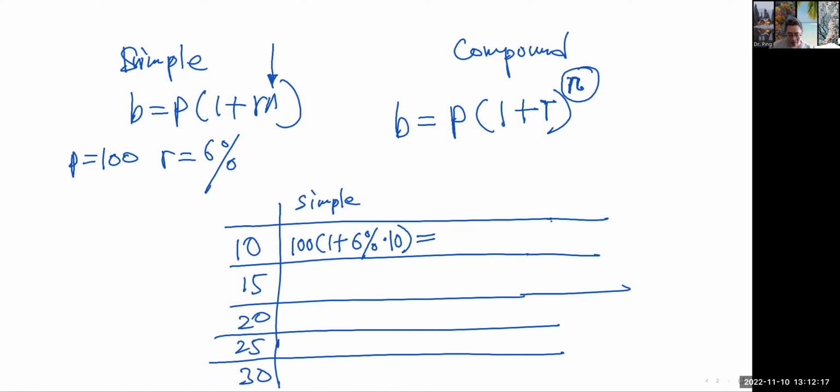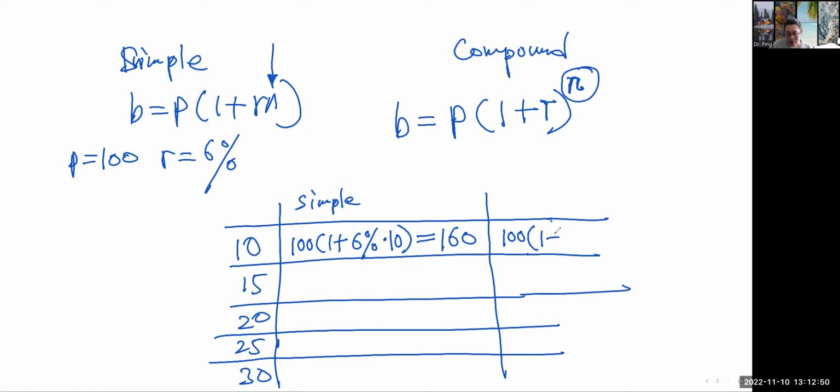We can use a calculator, or work it out: 6% times 10 is 0.6, plus 1 is 1.6. So 100 times 1.6 is pretty easy, 160. That's after 10 years.